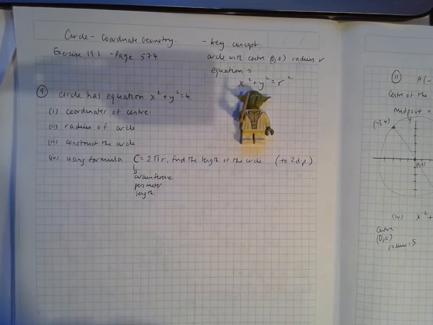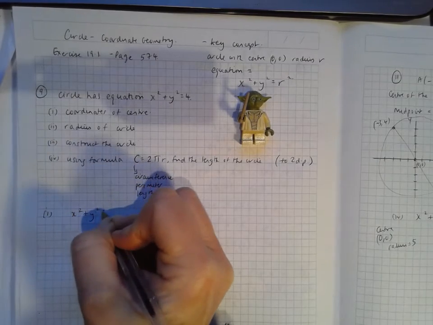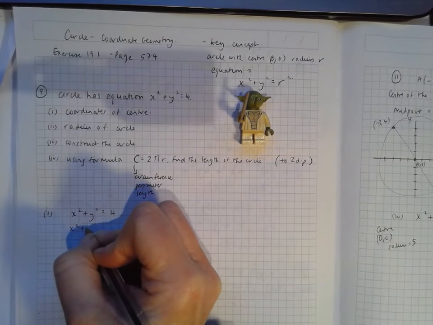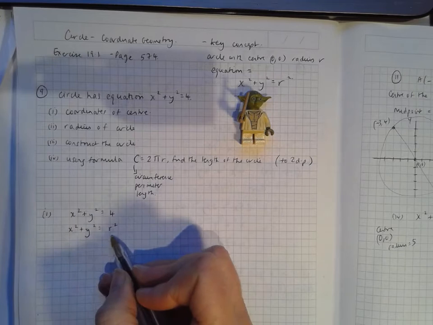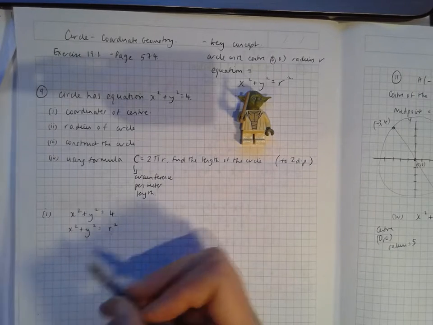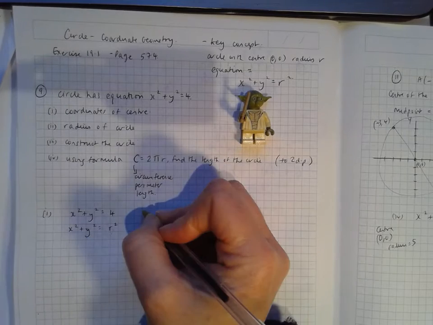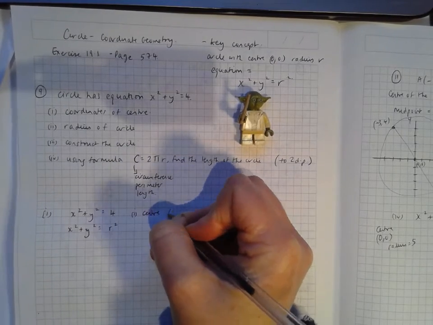So let's start off. We've got x squared plus y squared is equal to 4. We compare that to x squared plus y squared equals r squared, which is the equation of a circle with center 0, 0 and radius r. The first thing is the coordinates of the center are 0, 0.